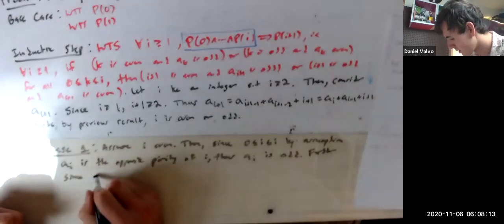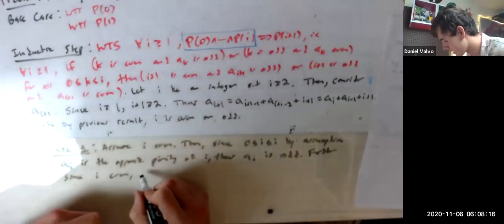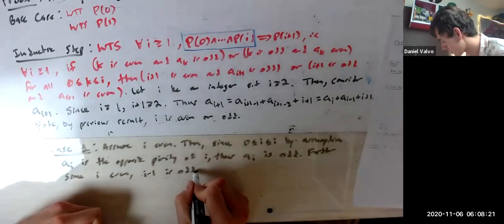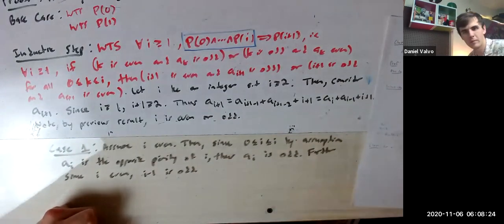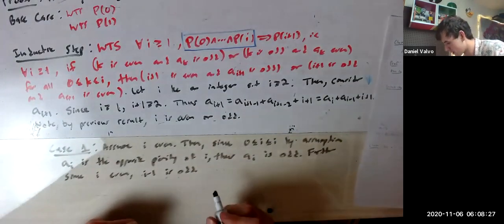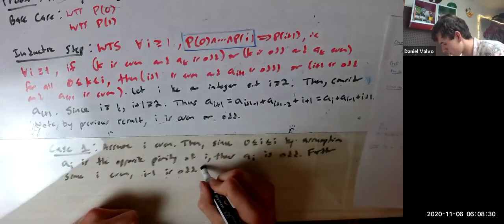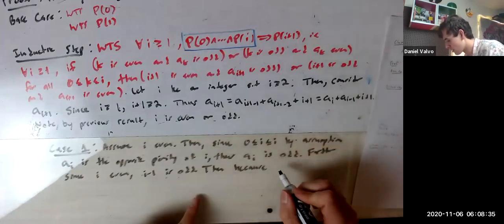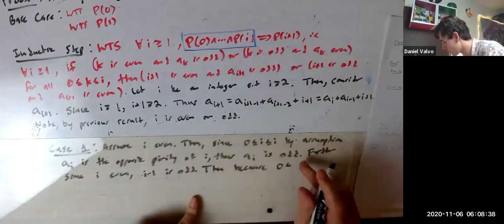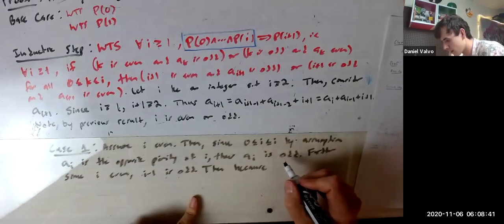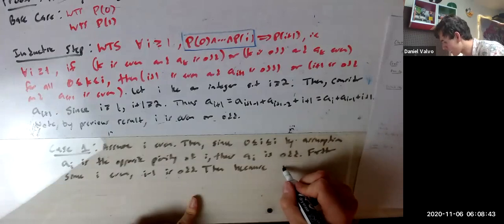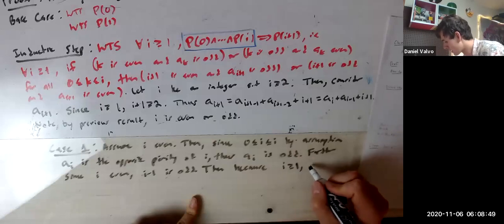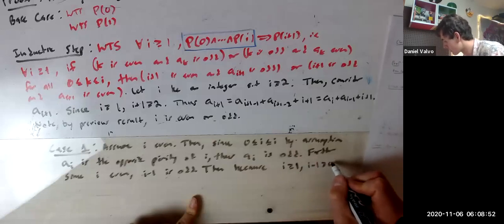Further, since i is even, i minus 1 is odd. You've shown things like that before. Then because i is greater than or equal to 1, i minus 1 is greater than or equal to 0.